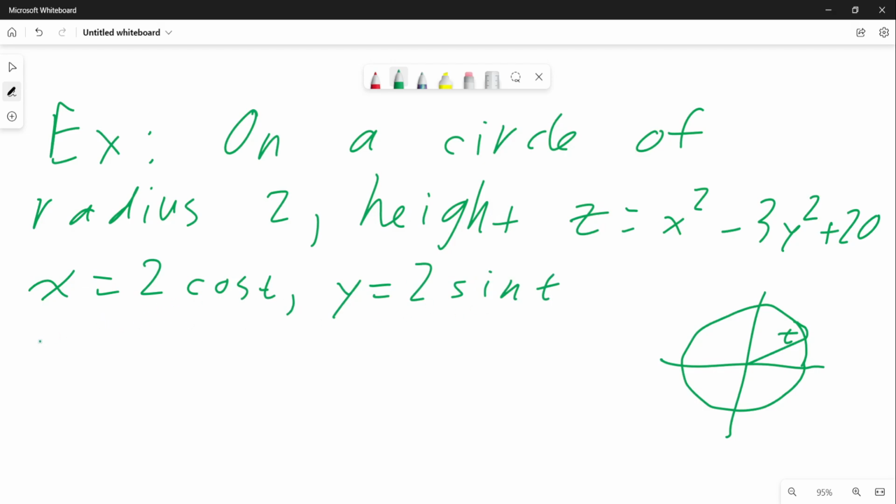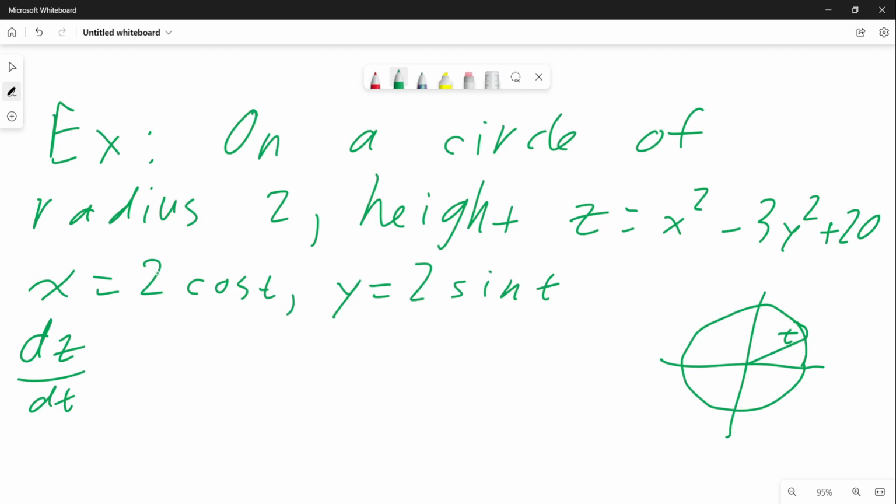Then we want to say, what is dz over dt? Essentially, if you were walking along this circle, you might not even see the curvature, you might just see the up and down. So it's basically saying, how fast are you going up and down, regardless of all the curvature in the circle?